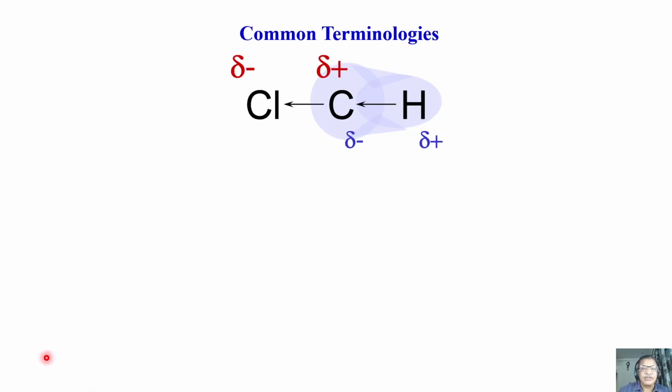Take for example Cl, C, H. Let us say there is a CH bond where a chlorine is attached to the carbon.